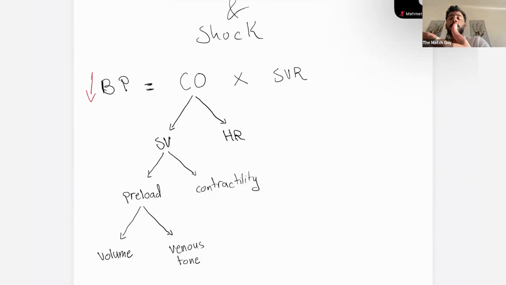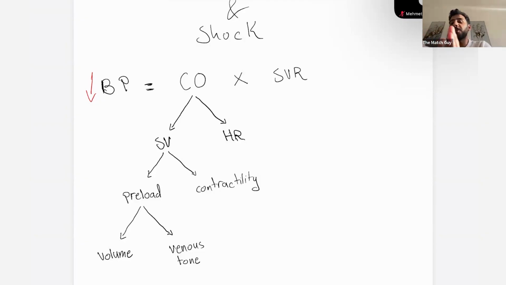So when we have low blood pressure, it means that we're not perfusing the organs. And then we're going to have a lot of different signs and a lot of different symptoms related to organ dysfunction. And if this goes on for a prolonged period of time, then this will lead to multi-organ failure and death, a common cause of death in hospital states of shock.